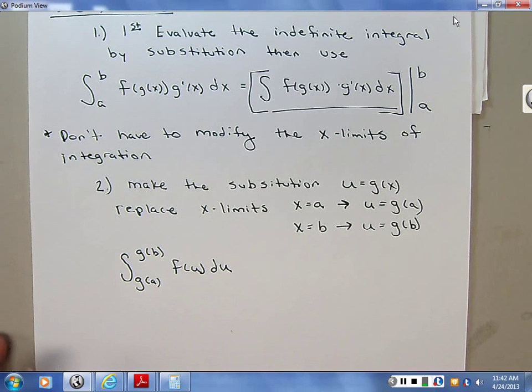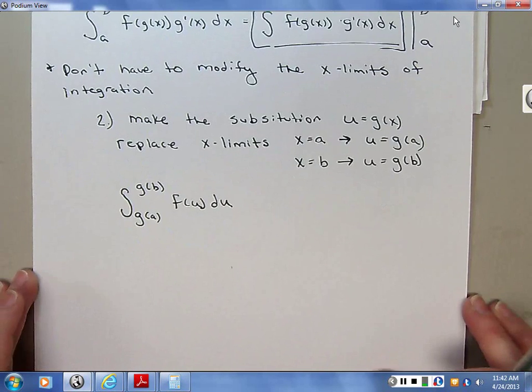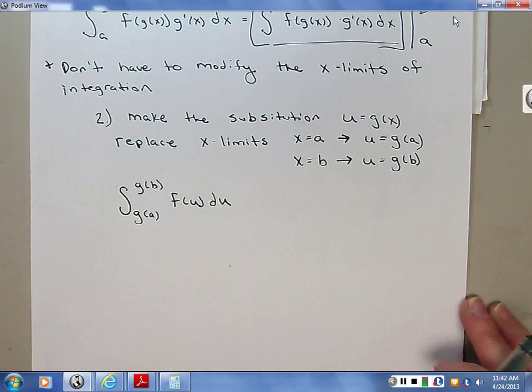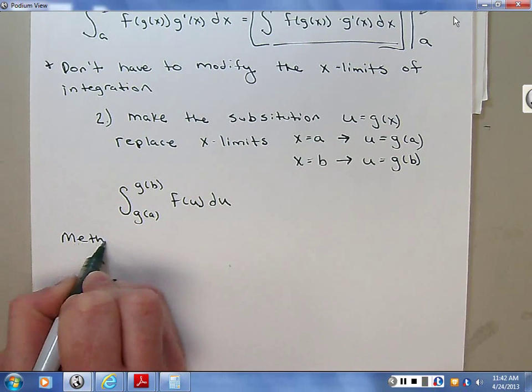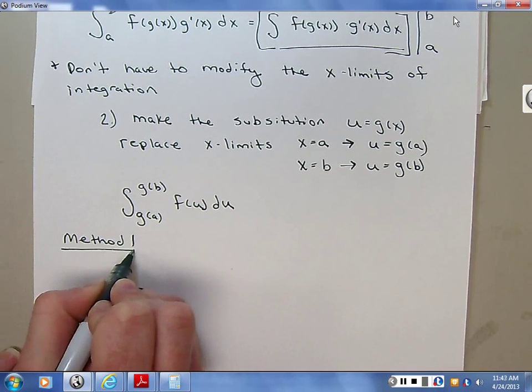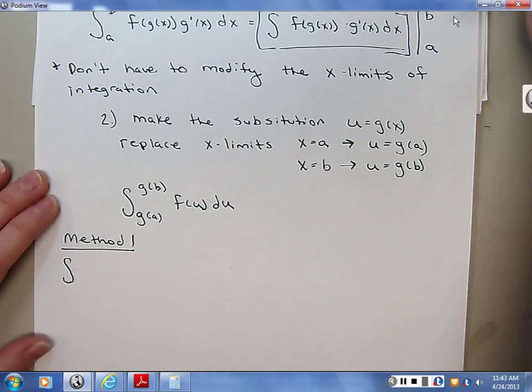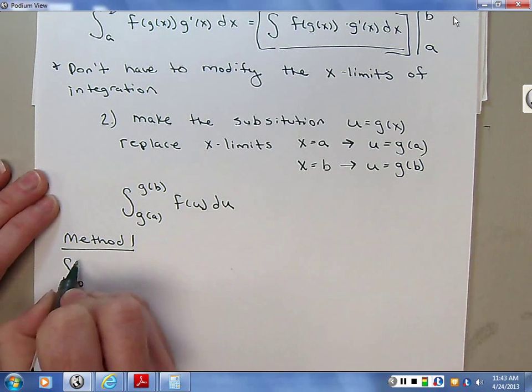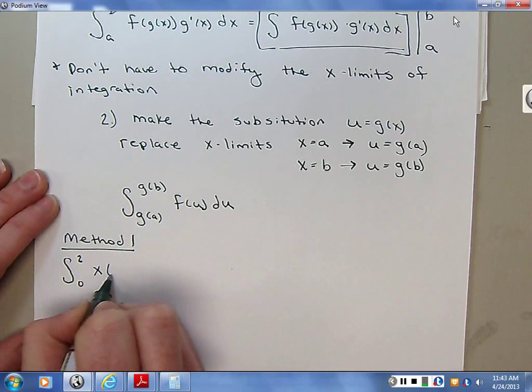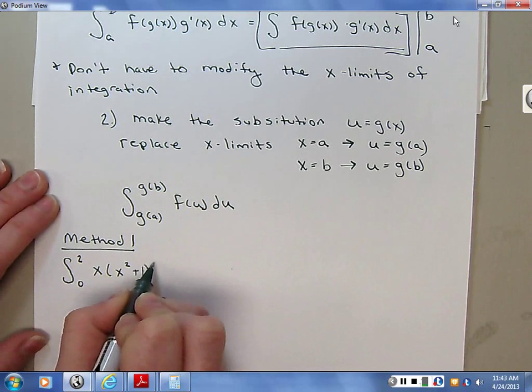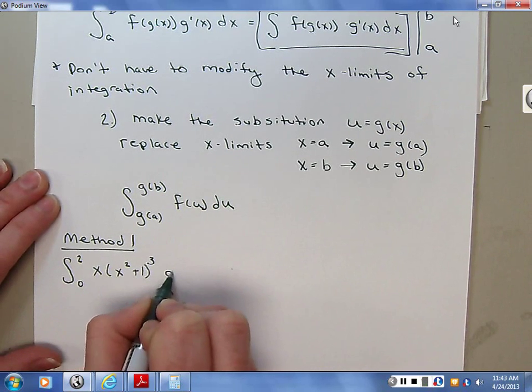So we're only going to really have time for one example. So in this one example, I'm going to use both methods. So let's look at method 1. So if I want to integrate from 0 to 2 of x times (x squared plus 1) cubed dx.